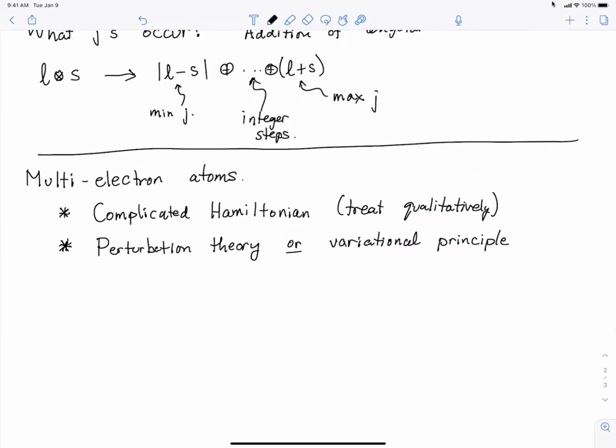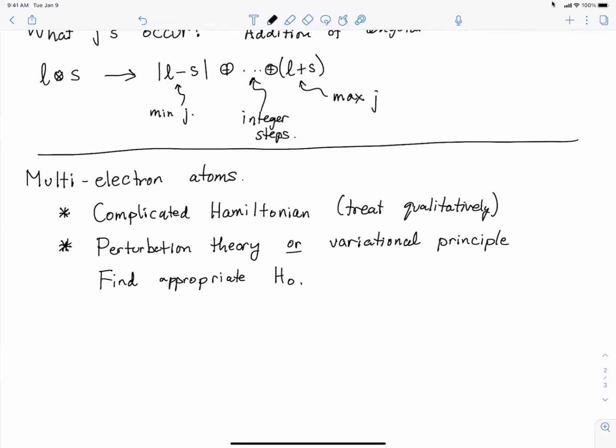And the key idea behind both of these is to find an appropriate unperturbed Hamiltonian. So you might say, well, in perturbation theory, that's clear that the perturbation Hamiltonian is how we define our unperturbed states. But if you think about it, you're doing something similar for the variational principle. Because for the variational principle, you need some trial wave function to start off with.